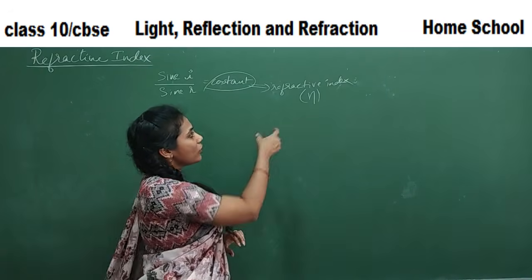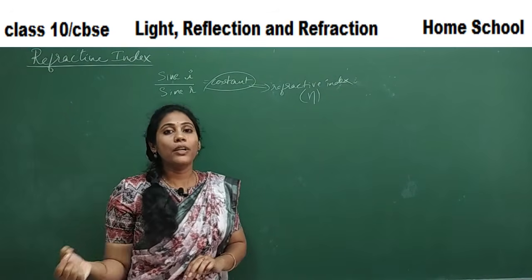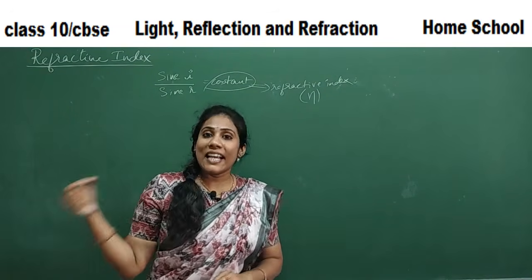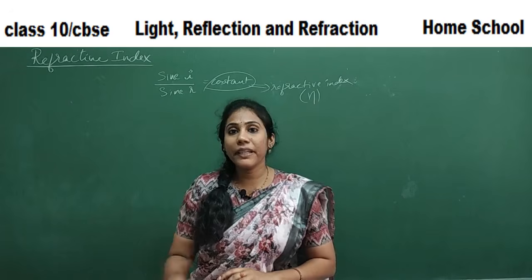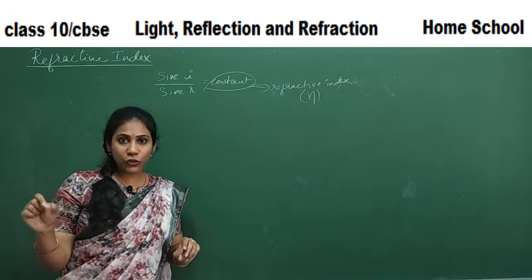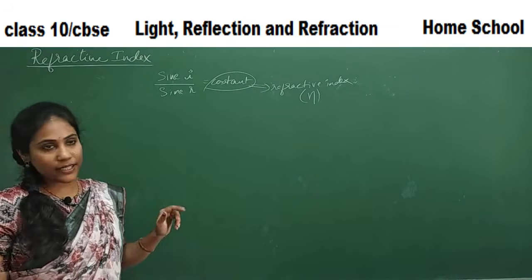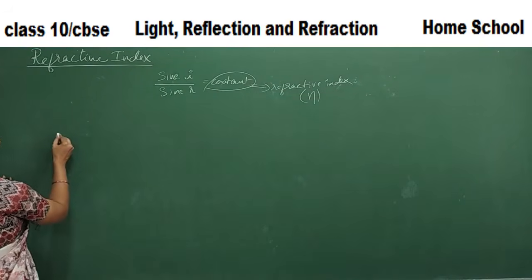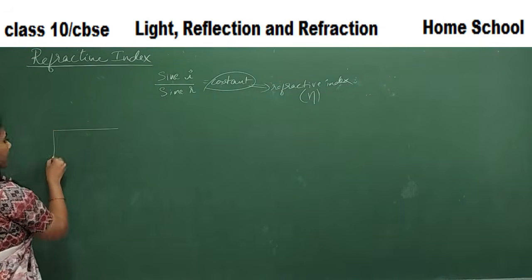It is not just a constant here that has some value, it has a definition, a very important meaning. So let us try to understand the actual meaning of refractive index. Imagine we have a glass slab.